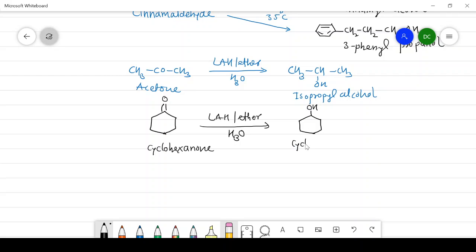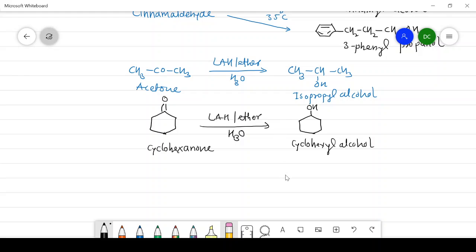Here cyclohexyl alcohol is obtained. In this way, we can say that an aldehyde group is converted into a primary alcohol, whereas a ketone is converted into a secondary alcohol.